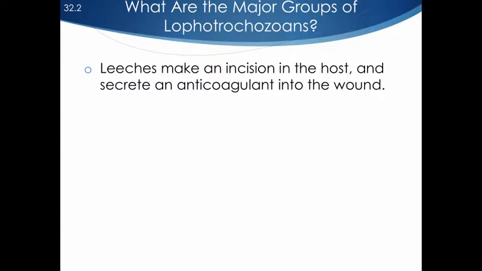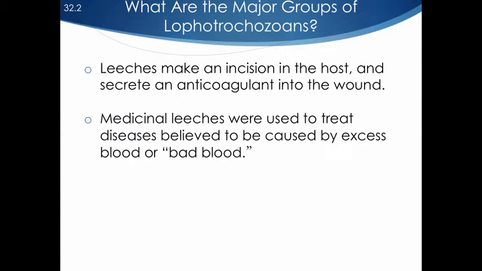Leeches make an incision in the host and secrete an anticoagulant into the wound. So this is how they basically feed, and these are considered parasitic. But we do use leeches in medicine, and they're used to treat diseases that are believed to have been caused by excess blood or bad blood, and this was seen in medieval times.